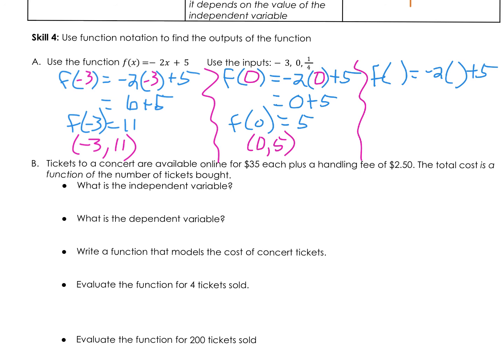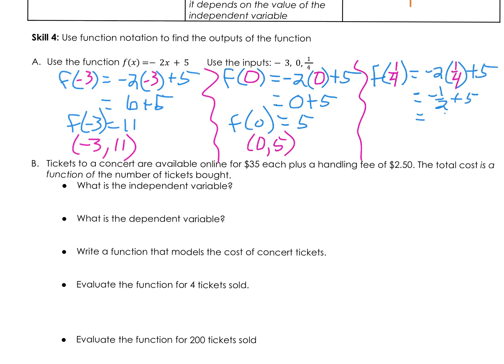All right, so we're going to put in 1/4 for x, and then every x in our rule, we'll replace it with 1/4. So -2 times 1/4, you can either use your math or your calculator, is going to come out to be -1/2 plus 5, which is 4 and 1/2, which is 9/2.